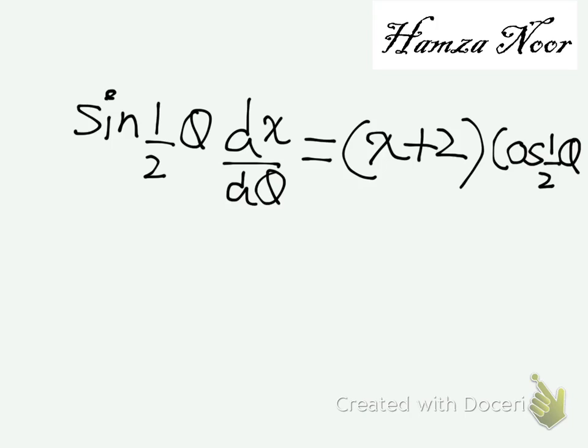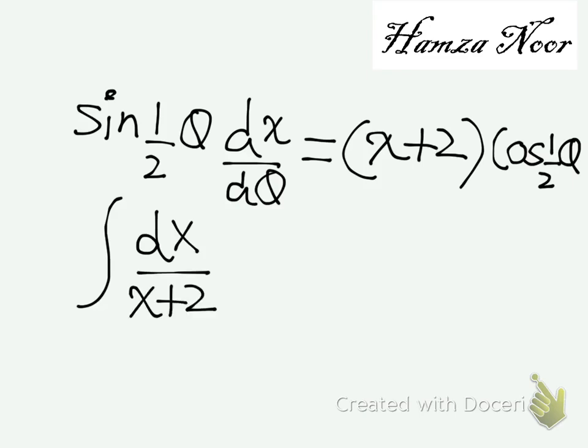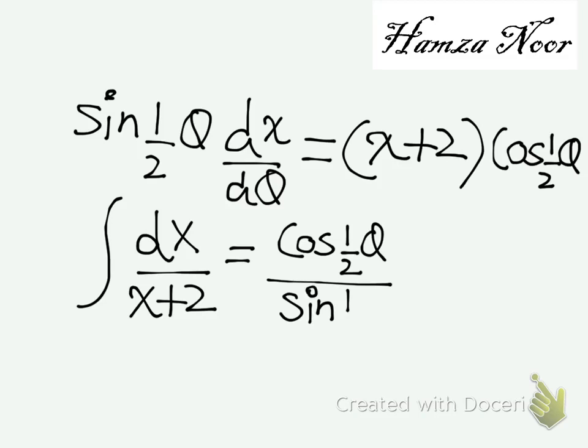So it goes like this. We can arrange it in the form dx over x plus 2 is equal to cos 1 over 2 theta divided by sine 1 over 2 theta.